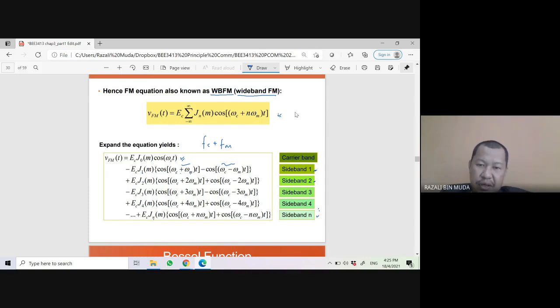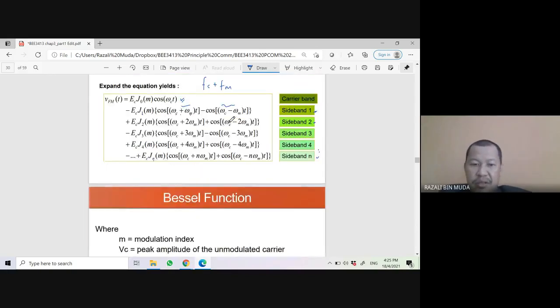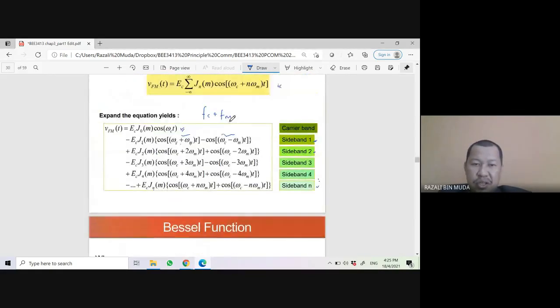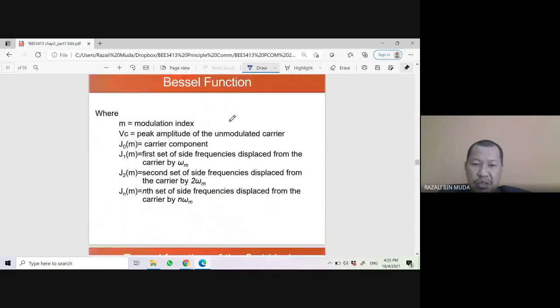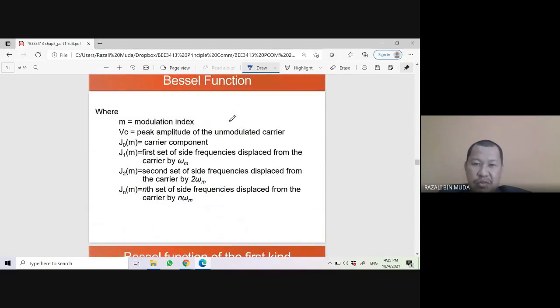Dia ada yang negatif dia, pair dia, and so on and so forth. Okay, so using this equation, we can solve using Bessel function, where M is modulation index. Okay, you still remember modulation index tadi.